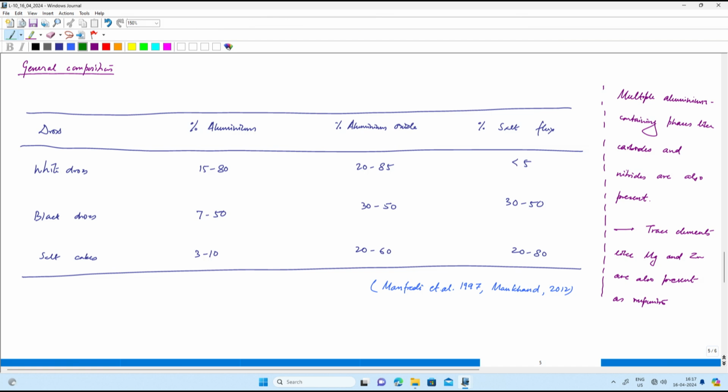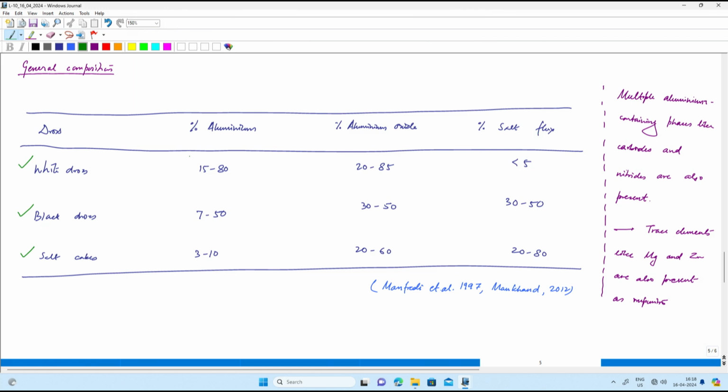This table is collected by observing data in the literature, and we see that dross can be categorized into three categories: white dross, black dross and salt cakes, which have various percentages of aluminium, aluminium oxide and salt fluxes.